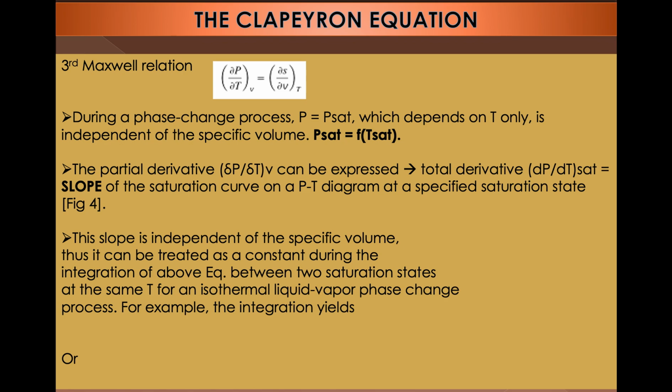During a phase change process, P equals the saturation pressure, which depends on temperature only and is independent of the specific volume.